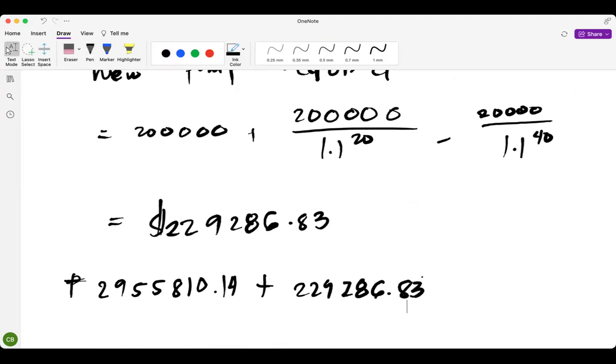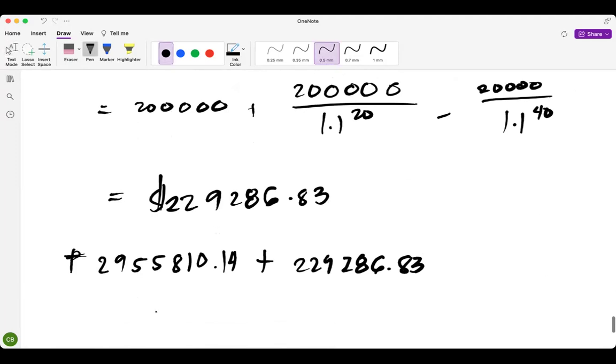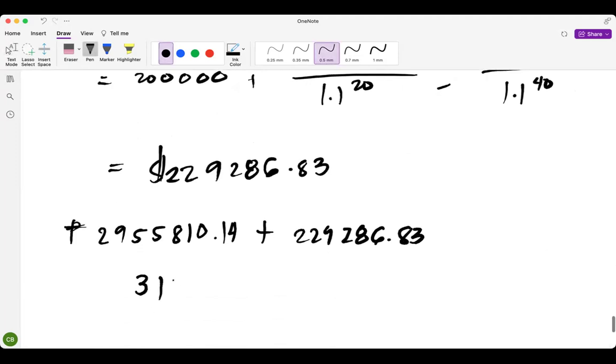So all in all, it would be $3,185,096.97.